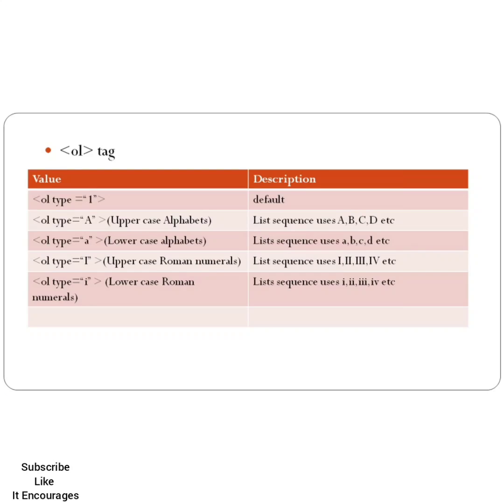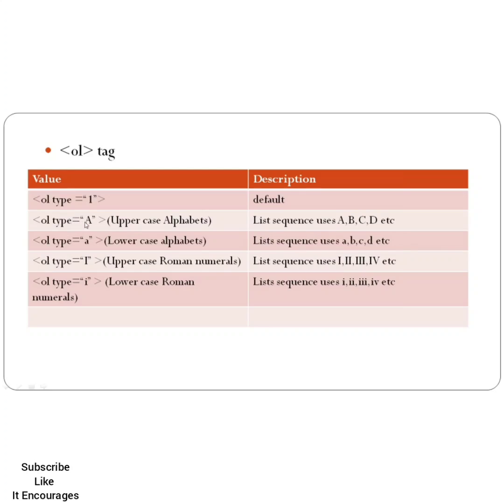Now let us see the different value types. If we specify the ordered list type equal to 1, then it is the default type. So even if we don't specify anything, we simply use the OL tag, then the numbering will begin from 1.